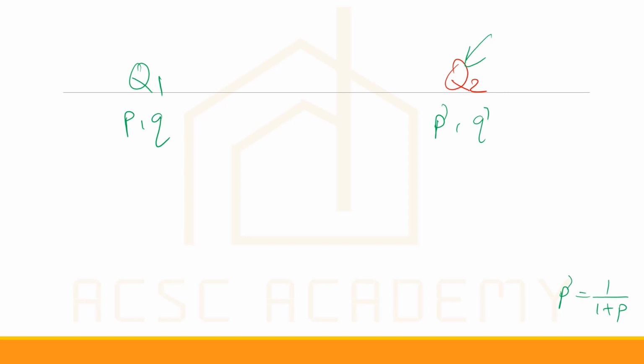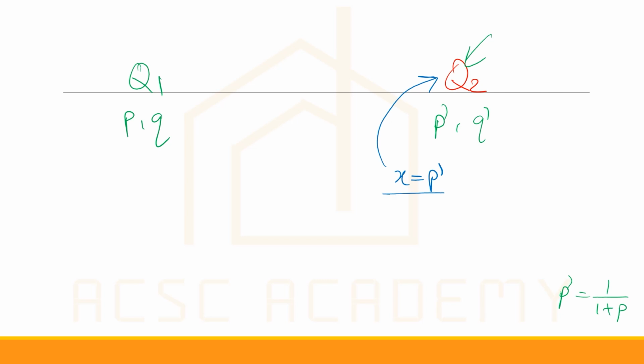First, we said that if we substitute x equal to p dash in this q2, it should satisfy it, right? Definitely, because p dash is the root of q2, so it will satisfy it.